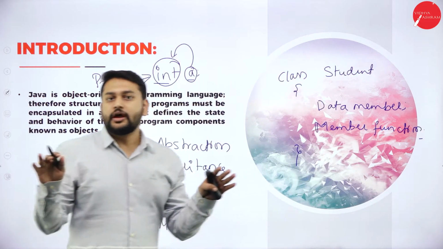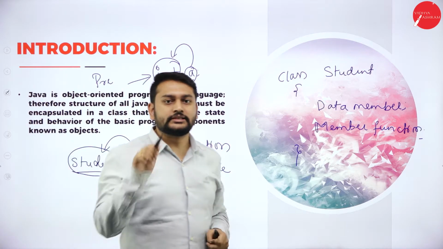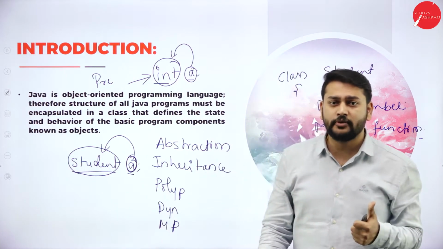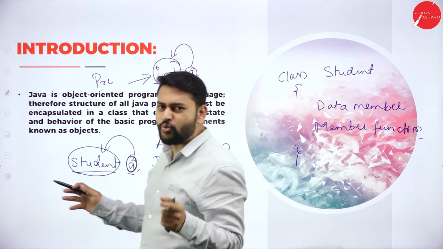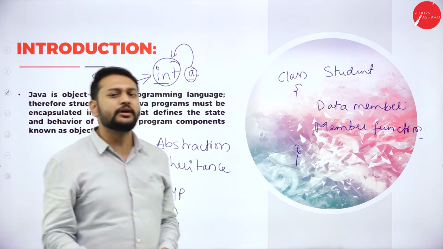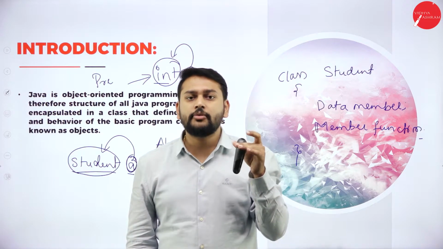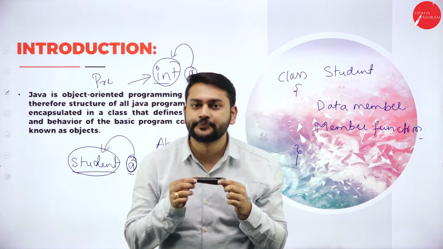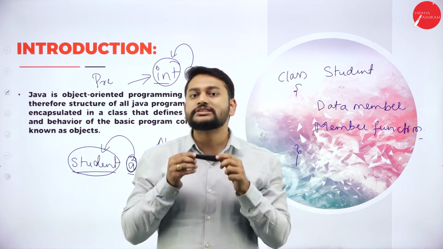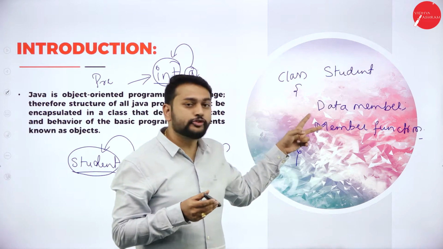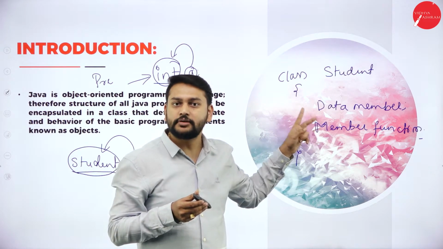So fine, sir, we understood we have two important things. The first is data member. The second is member function. What exactly are this data member and member function, sir? Let's take this remote. The name of the class is remote. You have told, sir, we have two things, data member and member function.